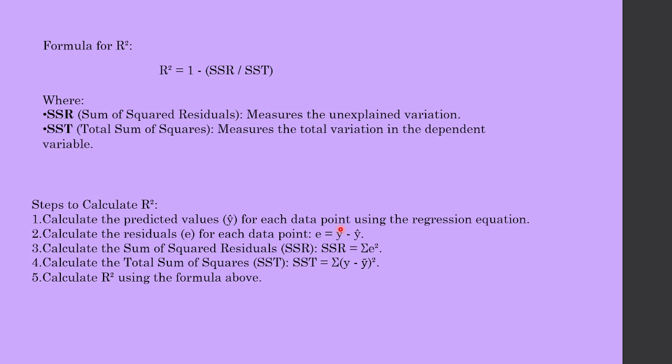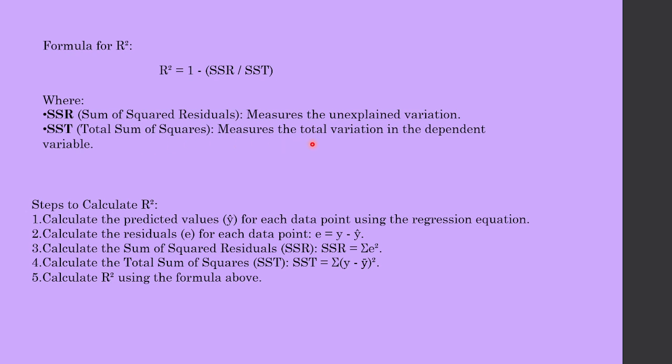So how it is found: R square equals 1 minus SSR by SST. What is SSR? The sum of the squared residuals. The residual is the difference between the predicted y value and the observed y value. You take the squares of those and add them; that is called SSR.